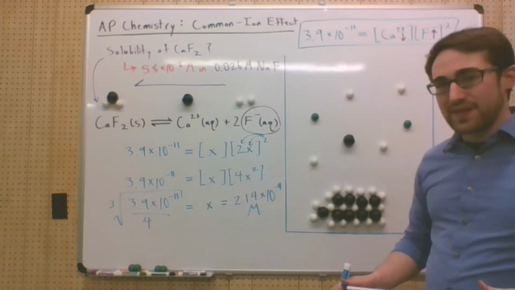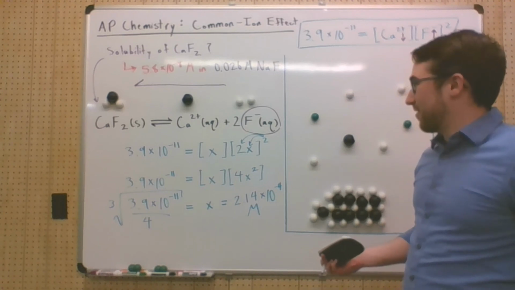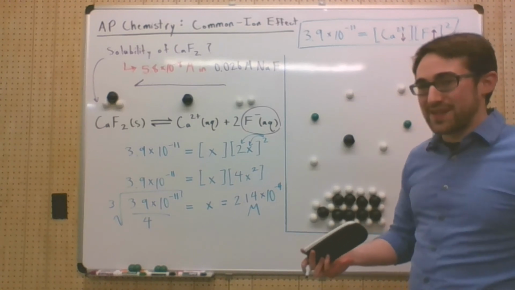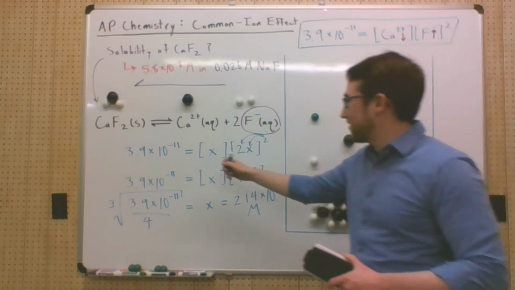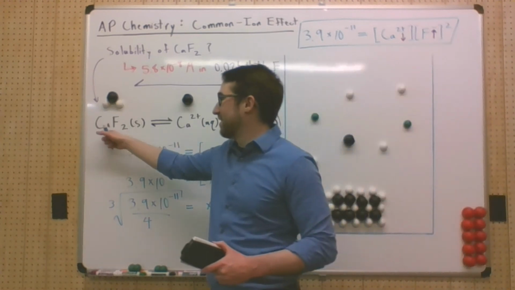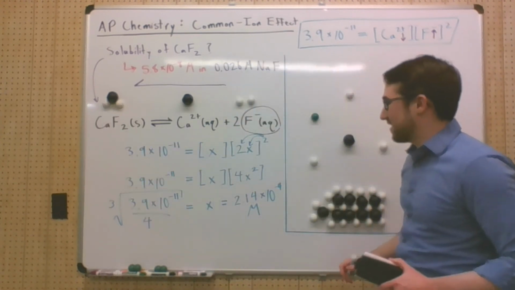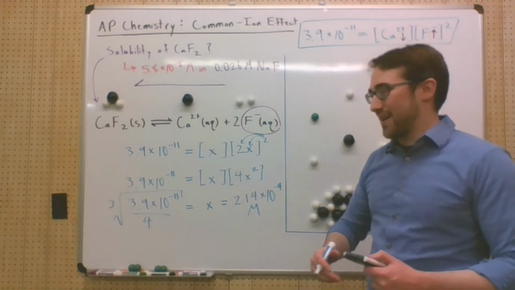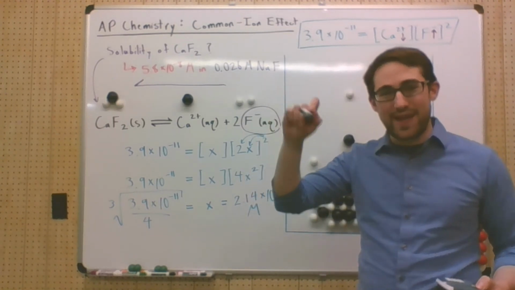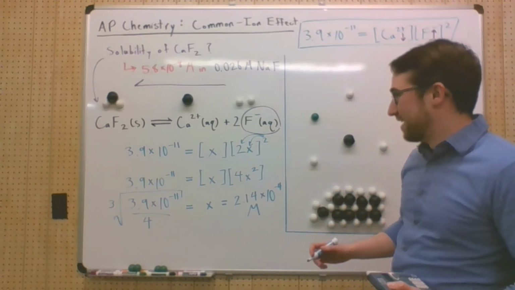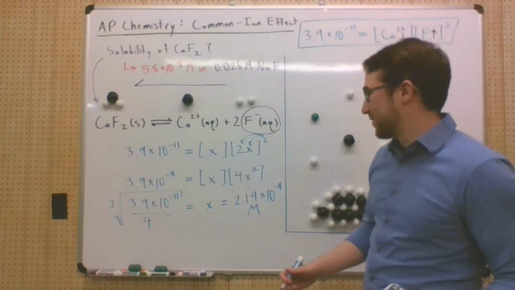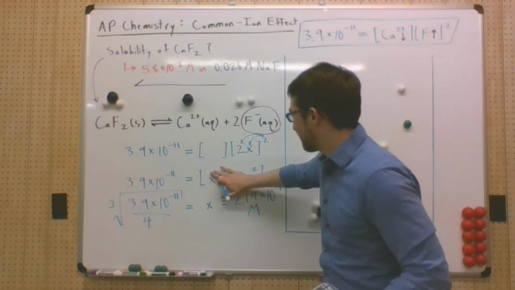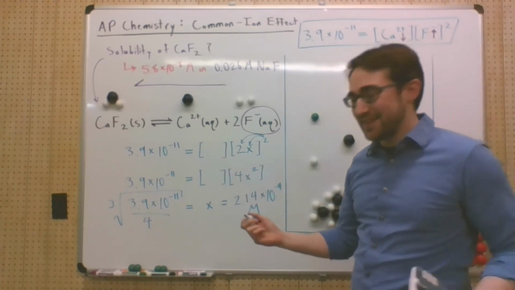Now, remember, our goal is to figure out the solubility of CaF2, and our ratio of Ca2 plus is the same as what it is to CaF2. So we can treat this as the solubility of CaF2. Again, a lot of times we'll use a little s or a big S for the solubility of something. So if you want to work up to it, you can also just replace all your x's with s's.